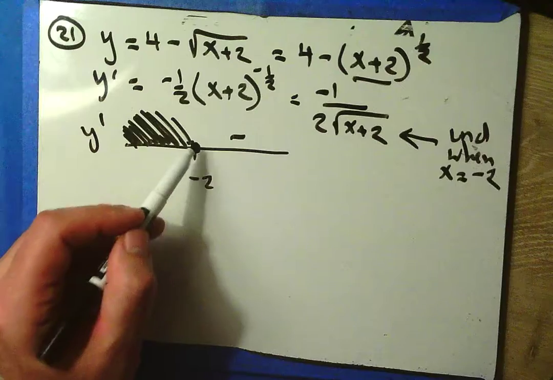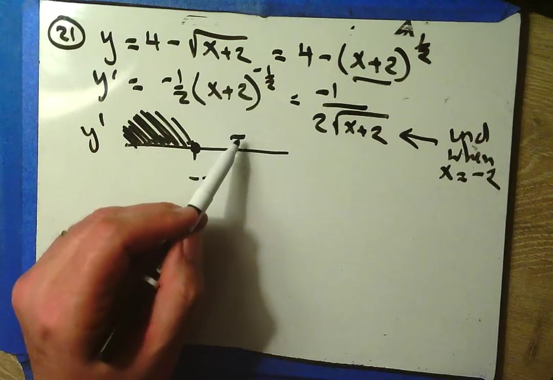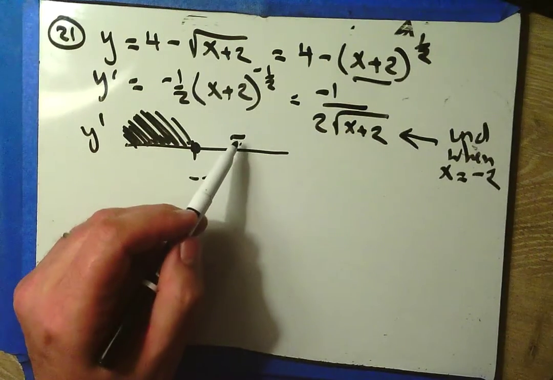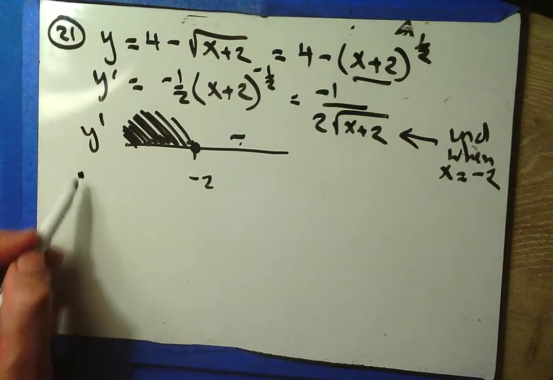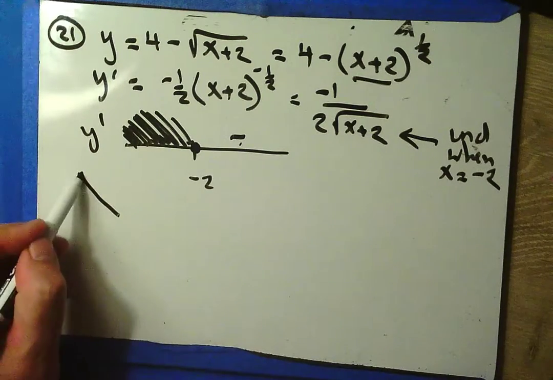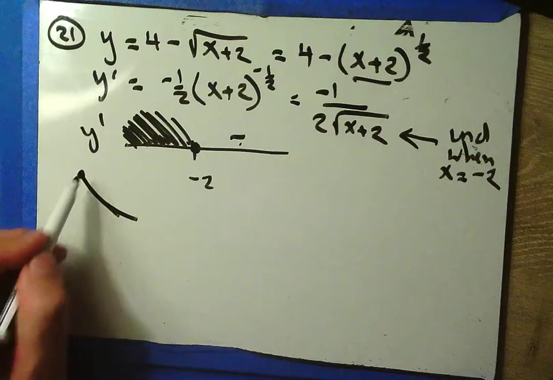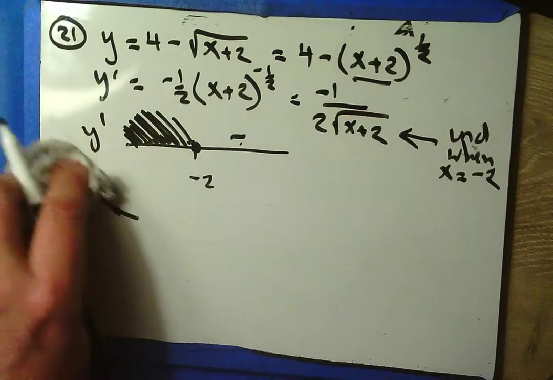So, what do we have going on here? We have an endpoint, and then y is decreasing. So that endpoint must be a maxima.